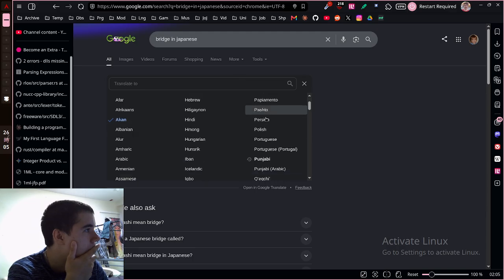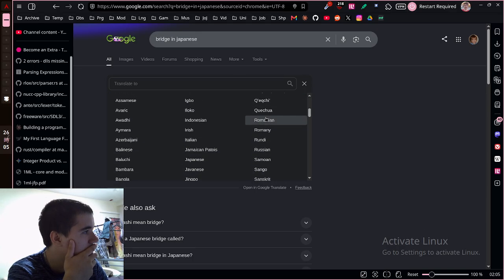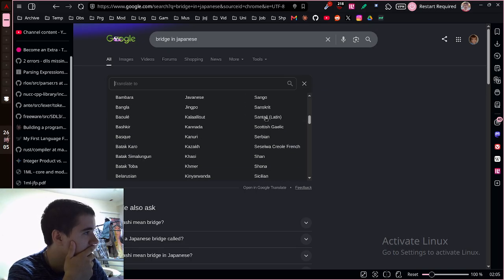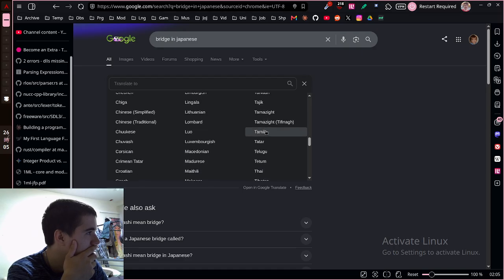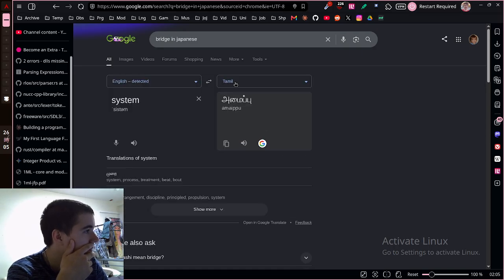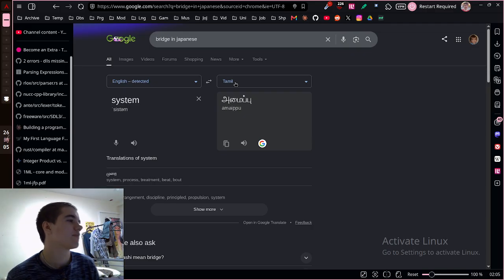Why is this such a universal word? I mean, it's not, but for the languages I actually know, Tamil, Amaipu. Tamil's a cool language because it's so old. And yet it stands the test of time, you know?